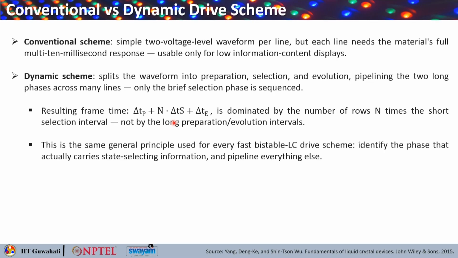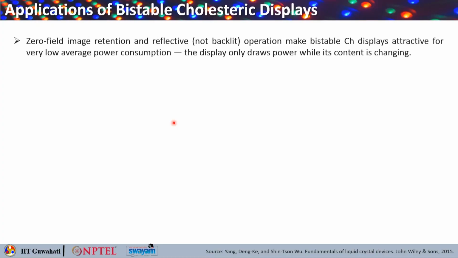Okay. So now let us look into the applications of bistable cholesteric displays. The physics developed over the lecture to real world categories will help us to see why this combination of properties, like zero field memory, reflective operation, grayscale, and around 1 Hertz update, makes bistable cholesteric technology a genuinely good fit for certain applications rather than strictly inferior compared to active matrix LCDs.